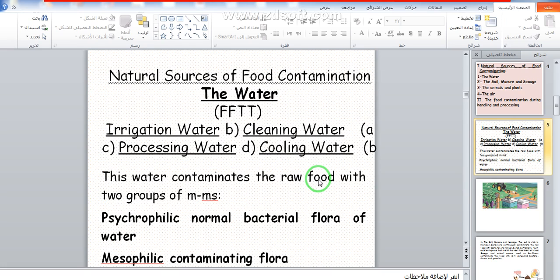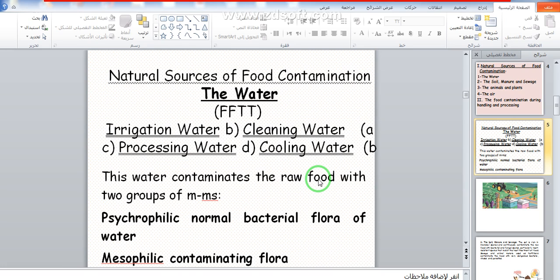Water of irrigation in the river is highly contaminated by microorganisms. It looks like a culture media. It may contaminate food by two groups of microorganisms. These are psychrophilic normal bacterial flora of the river and mesophilic contaminating flora.